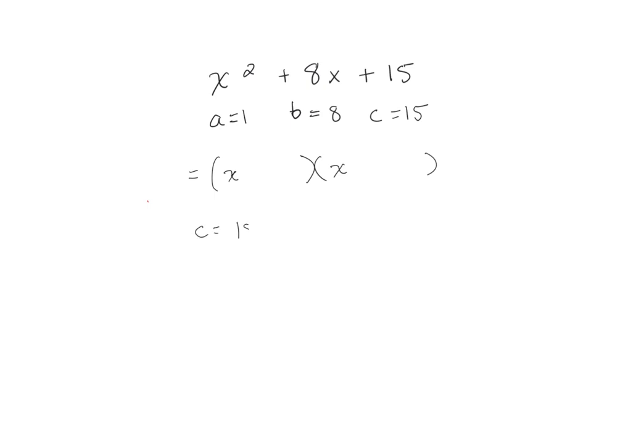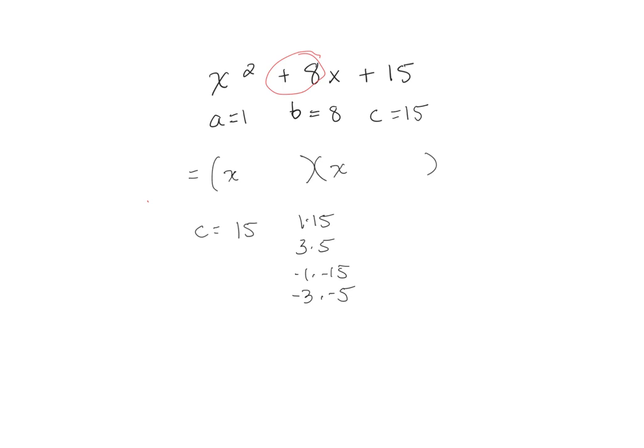My next step is to look at the factors of c. C is equal to 15. I'm going to write the factors of c: 1 times 15, 3 times 5. You could also say negative 1 times negative 15, negative 3 times negative 5. Well, I want to know what sign this is. That's positive, which means it's the sum of the factors.